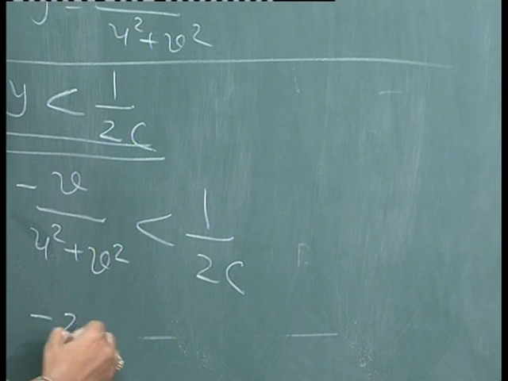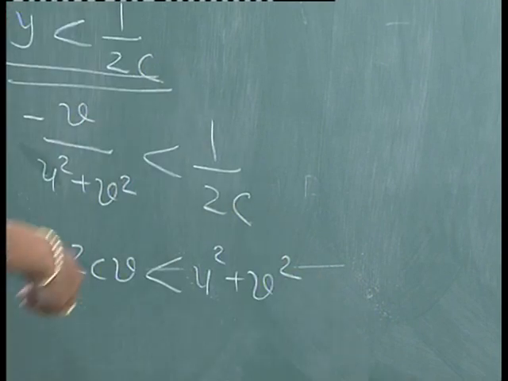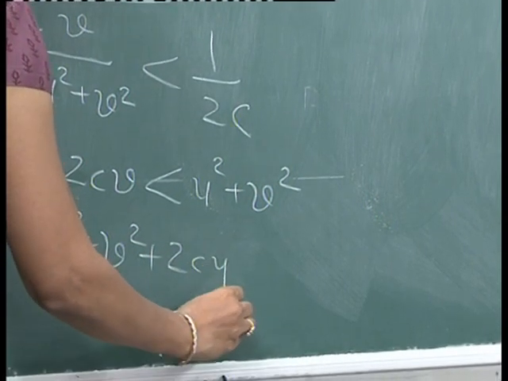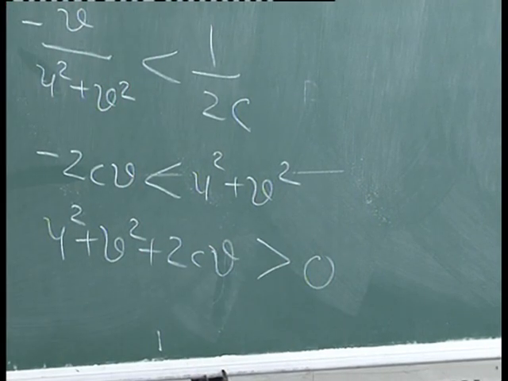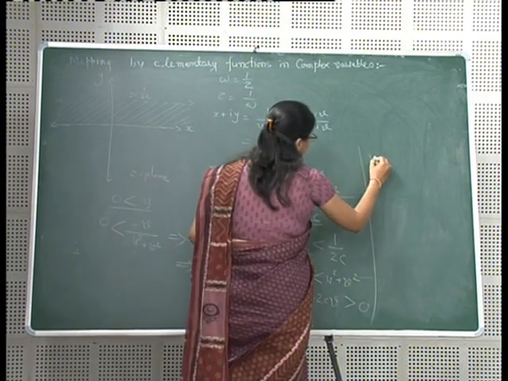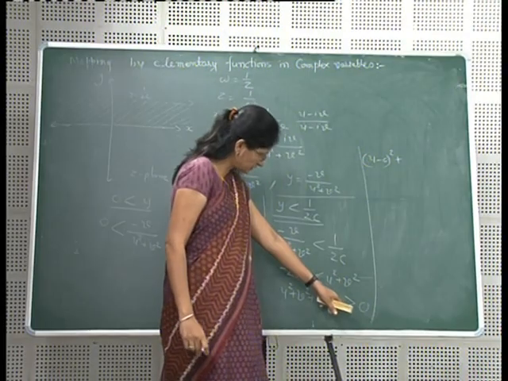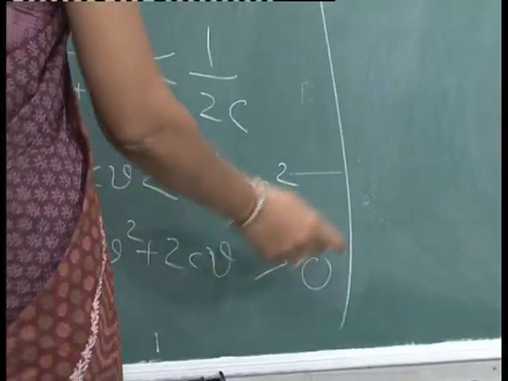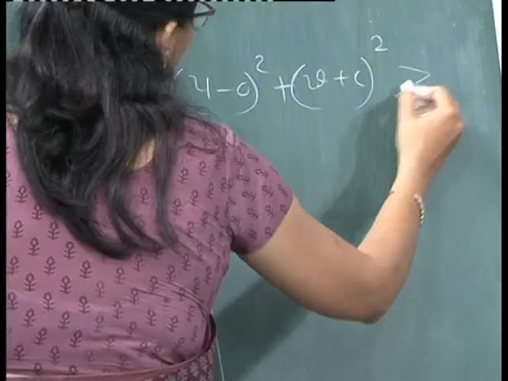minus 2cv is less than u square plus v square, or you can write this as u square plus v square plus 2cv is greater than 0, and we can write this as (u minus 0) square plus, if we add and subtract c square, v square plus 2cv plus c square, which is the perfect square of (v plus c) whole square, and this is greater than c square.